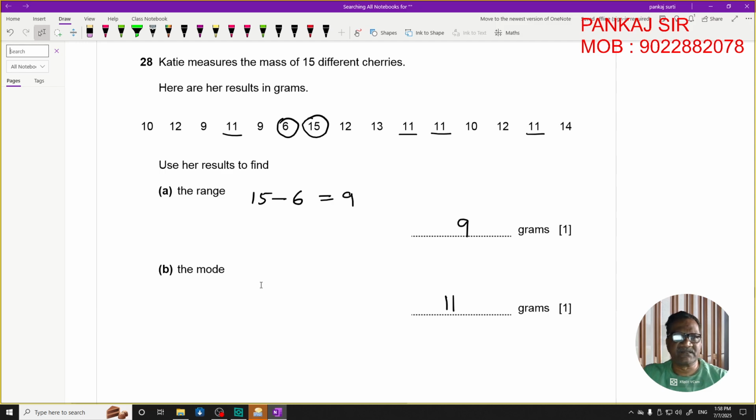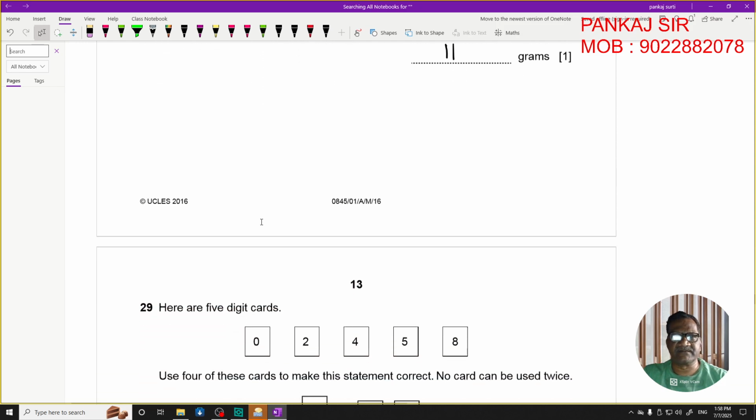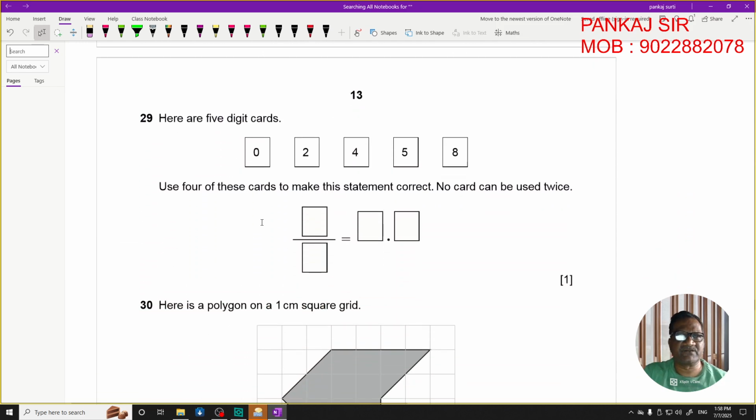Okay, and next is question number 29. Here are some 5-digit cards, 0, 2, 4, 5 and 8. You have to use any 4 cards and make this statement correct. So let me take this 4 over here, this 8 over here.